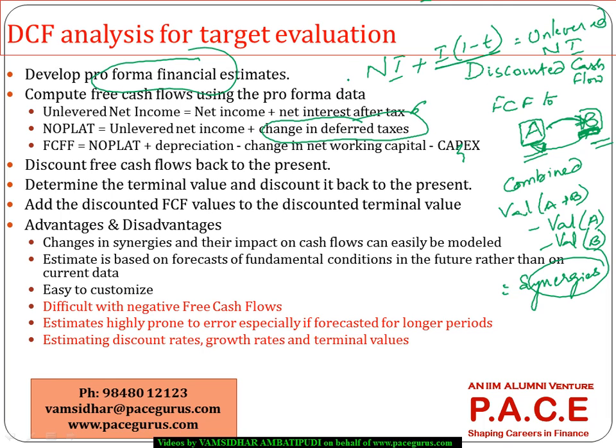And to that unlevered net income, I add the changes in the deferred taxes, because deferred taxes are more from the perspective of the differences between the financial reporting and the tax reporting frameworks.